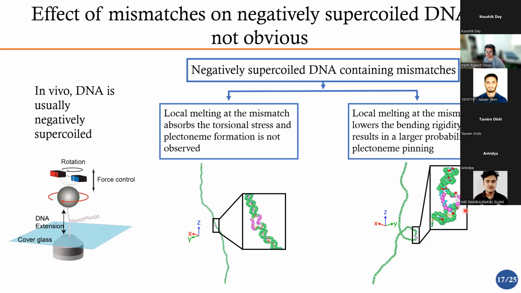So it's significantly weaker and easier to bend than a double-stranded DNA. Right? So this ease of bending should lead to a higher probability of plectoneme pinning. And because in your body DNA is always negatively supercoiled, this scenario would be ideal when the protein is trying to find the mismatch, and it'll be easy because it'll be located at one of the plectonemes, right?